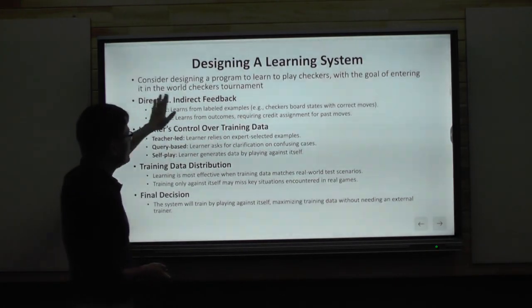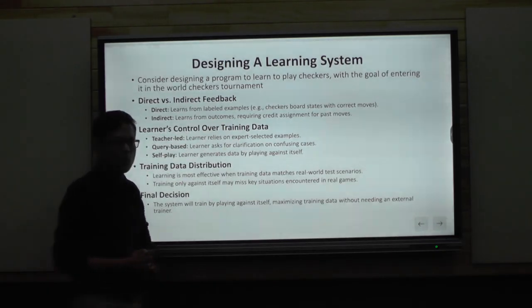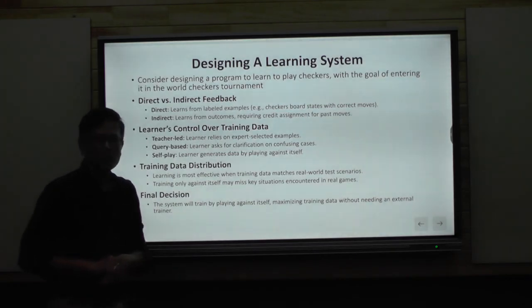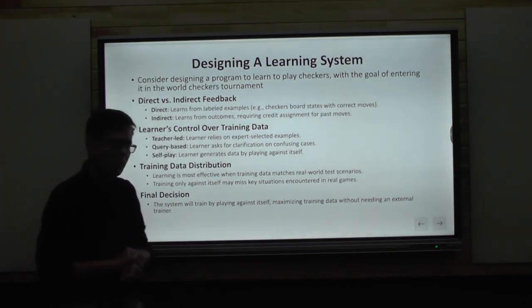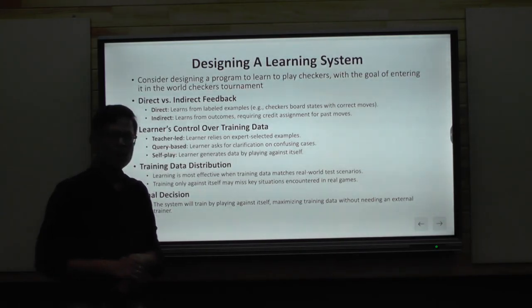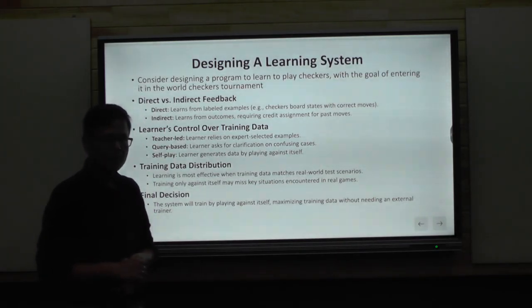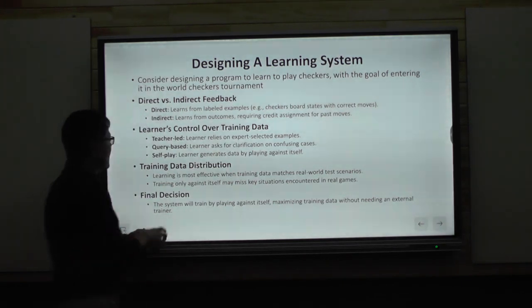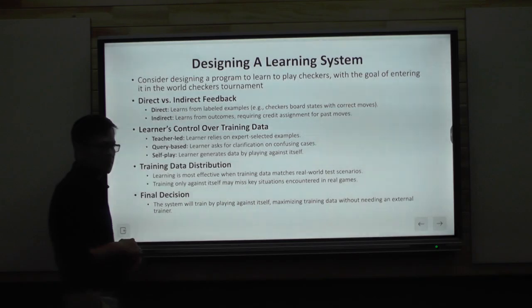Consider designing a program to learn to play checkers with the goal of entering it in the World Checkers tournament. Suppose you are creating a program that will play in a big tournament or a big event. So we can have direct and indirect feedback.